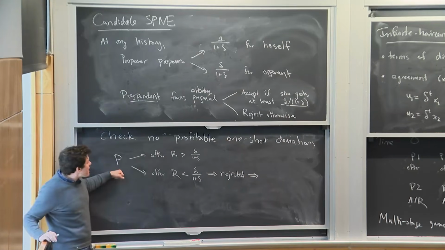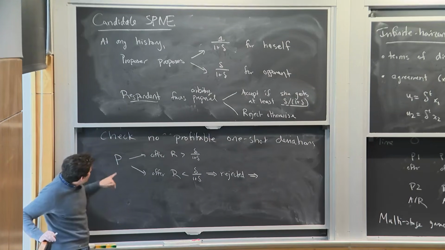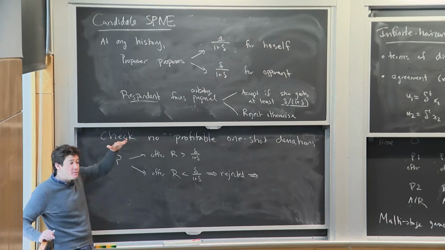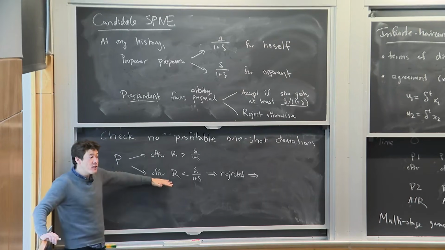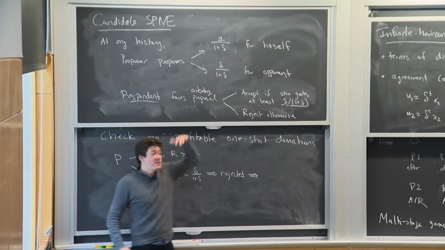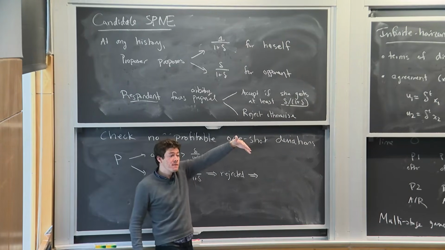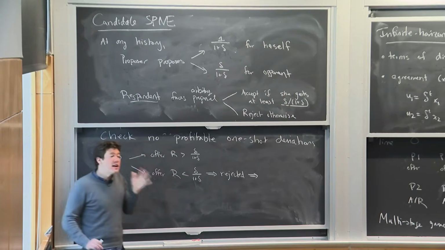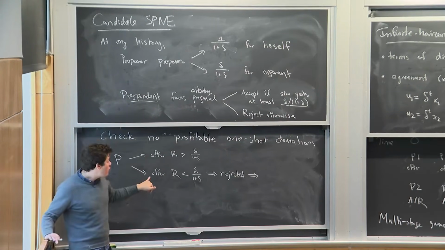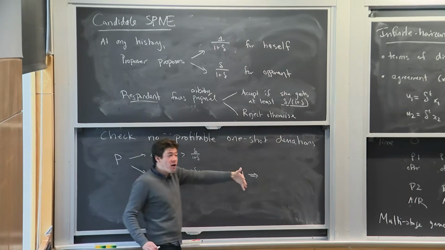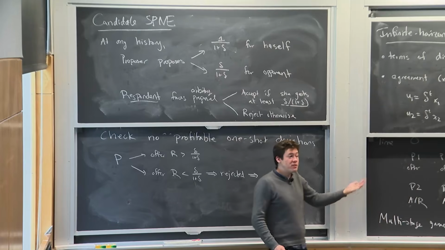So if this offer is rejected, what payoff am I going to get as the proposer? Well, today I'm the proposer. I've proposed an offer that's been rejected. That means tomorrow the person who rejected my offer is going to propose something. And then I have to decide what to do. But we're only looking at one-shot deviations. So if I'm the proposer, I'm only deviating here. So once we get to tomorrow, I'm going to follow the strategy I'm supposed to follow.